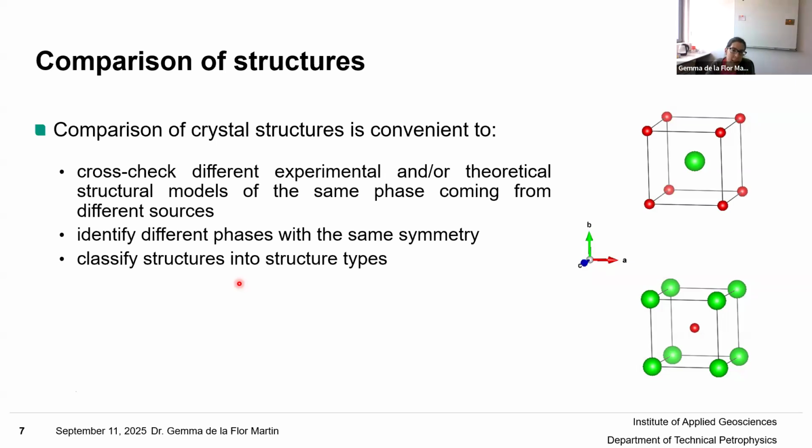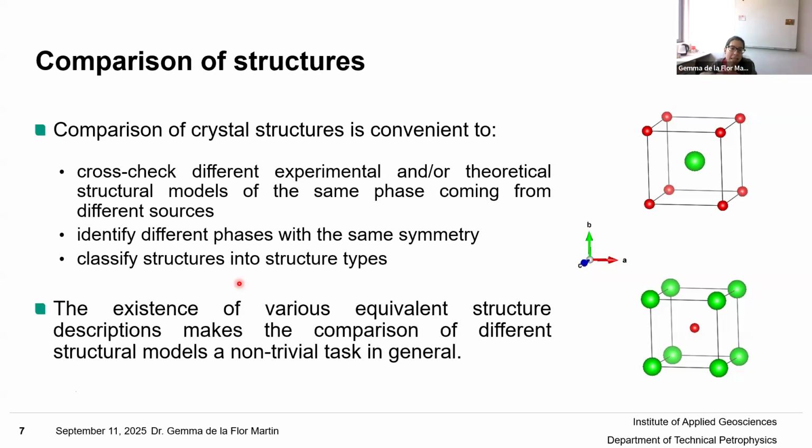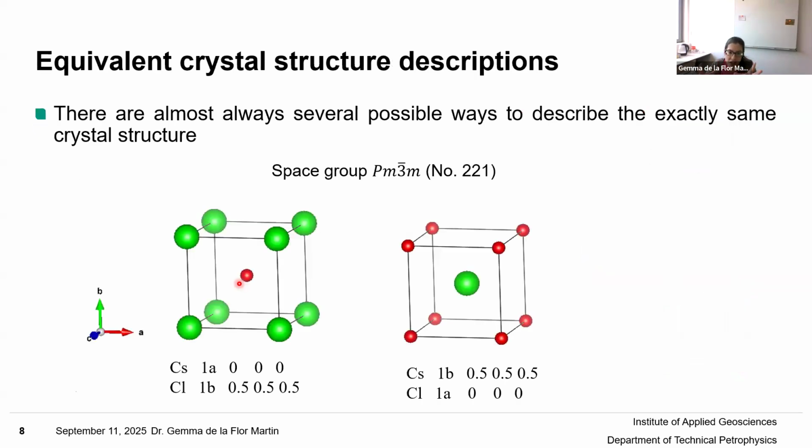So in most cases, even if the setting of the space group is fixed, there is more than one equivalent description for a given structure. The existence of various equivalent structure descriptions makes a comparison of different structural models a non-trivial task in general. Structures, as you know, are described through the space group symmetry, the unit cell parameters, and the atomic positions in the asymmetric unit.